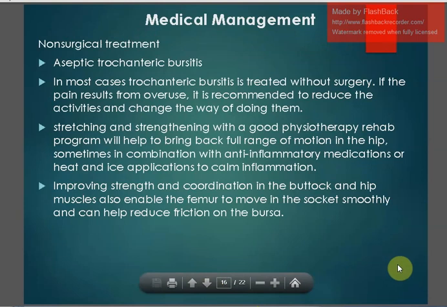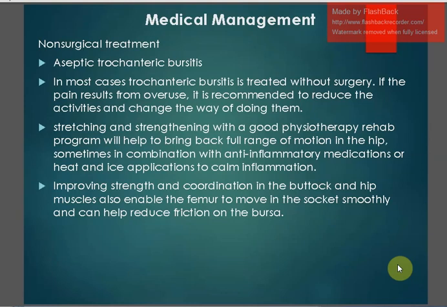Now coming to the medical management, first let us look at the non-surgical treatment. If it is an aseptic trochanteric bursitis, it is treated without surgery. And if the pain results from overuse, it is recommended to reduce the activities or change the way of doing them.